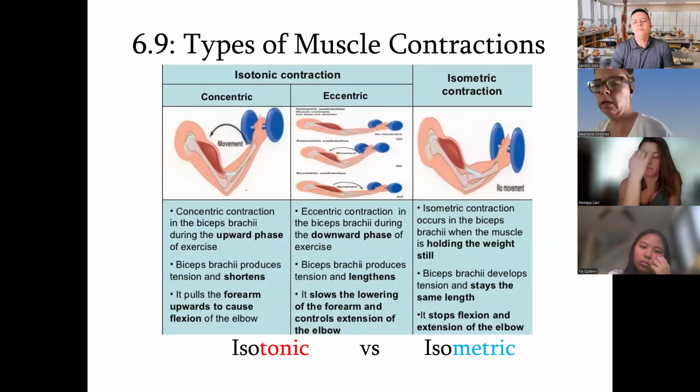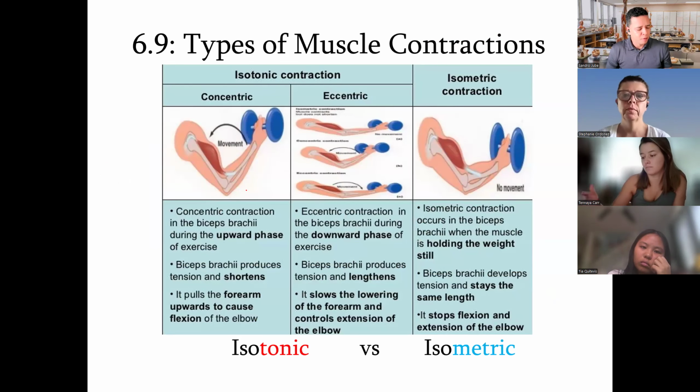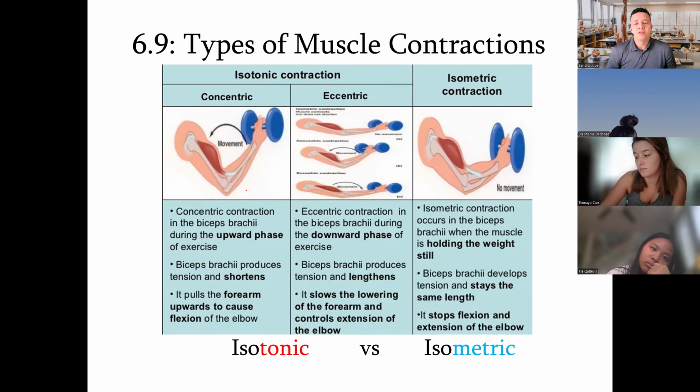All right. Moving on, just a couple more slides here, and then we're going to call it a day. I know it's been a long morning so far, but let's talk about the different types of muscle contraction, okay? And we can divide muscle contraction into 2 groups, and you might be familiar with those terms.